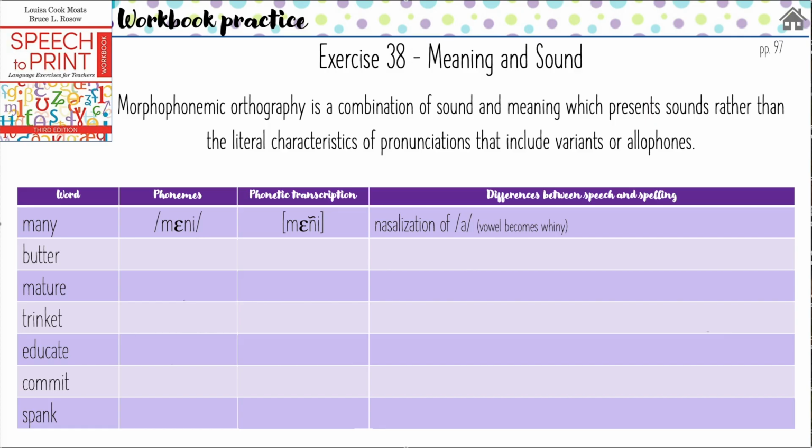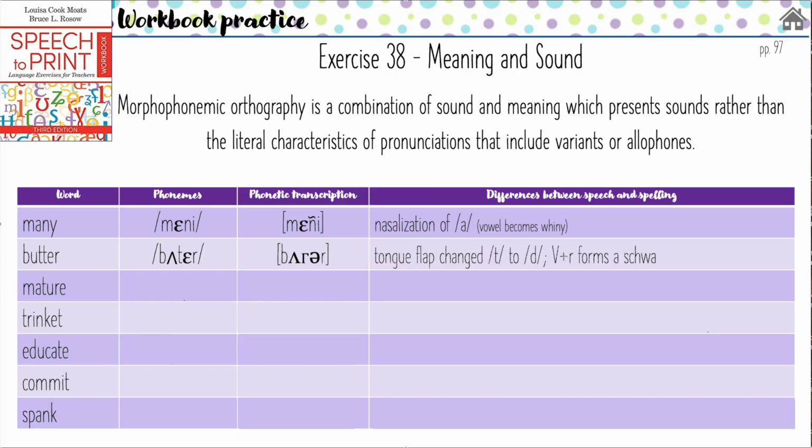So we want to explicitly show students, yes, when you have a nasalization of a vowel, you're going to have a slight difference in your pronunciation or your diction, because your dialect is going to influence that. You'll see that in things like butter.